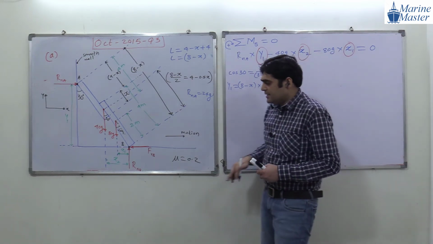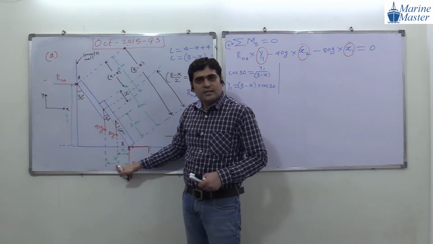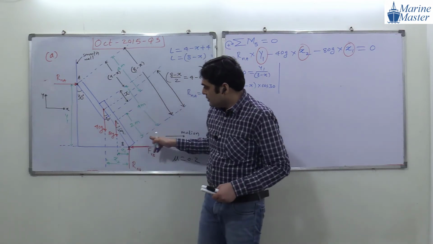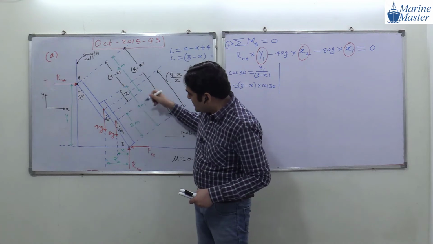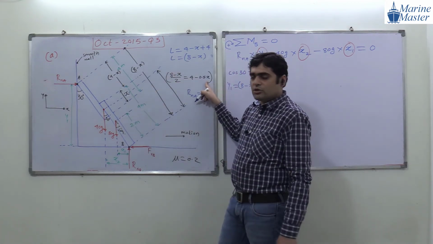The next story is x2. For this 30 degree angle, this is the opposite, and the hypotenuse is 4 minus 0.5x.